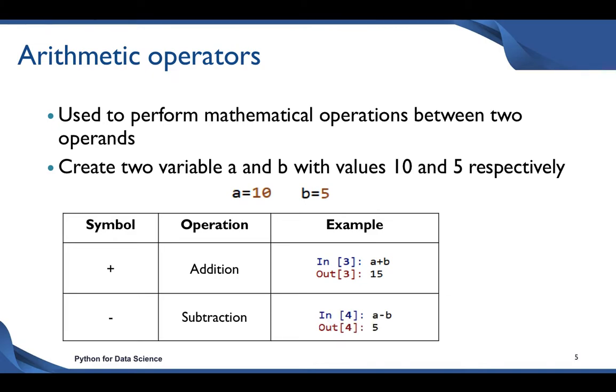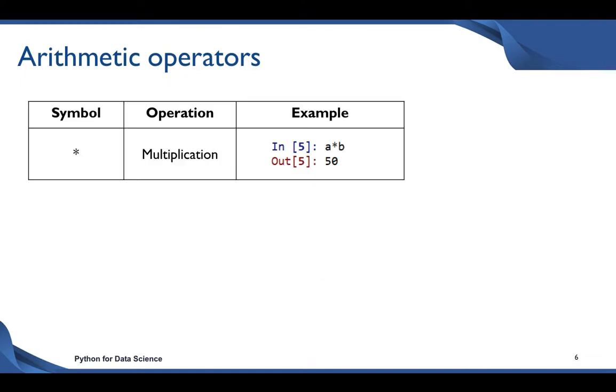Similarly, we have another operation, that is subtraction, and we carry out this operation by a minus symbol. So if we wanted to subtract two variables, then we could simply write a minus b. Similarly, if we wanted to perform the multiplication operation, the symbol is star, and we can easily write a star b and get the result.